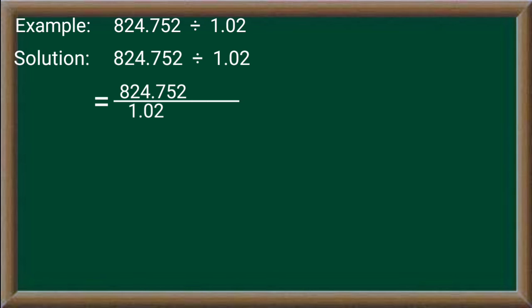There are 2 digits, so you will multiply both by 100. Both numerator and denominator should be multiplied by 100 so that the denominator becomes a whole number. So it becomes how much? The numerator, the point will move towards the right 2 places, so it becomes 82,475.2, and then the denominator is 102.